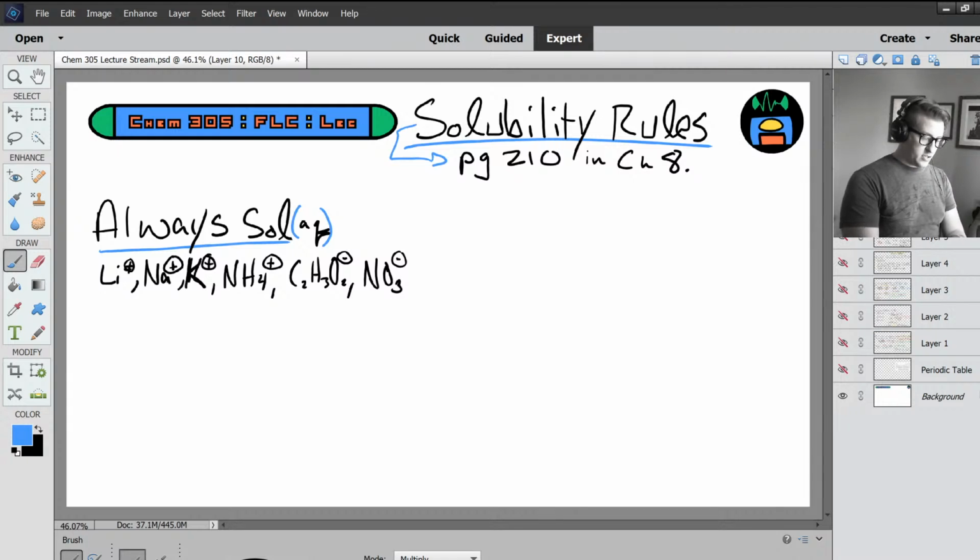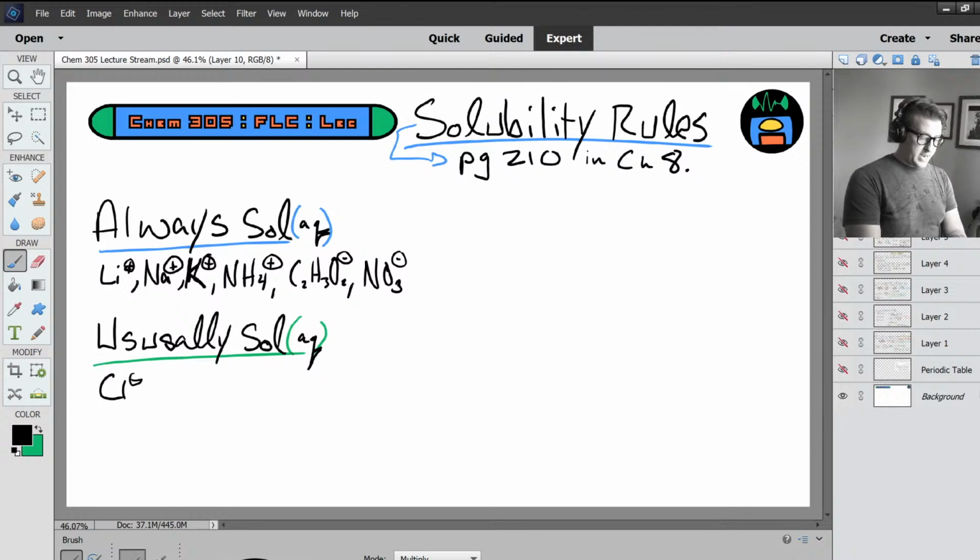Contrasted with the always soluble list is a list of ions that I call the usually soluble. Again, soluble means that these ionic compounds will be in the aqueous phase. Usually soluble ions include chloride, bromide, and iodide.